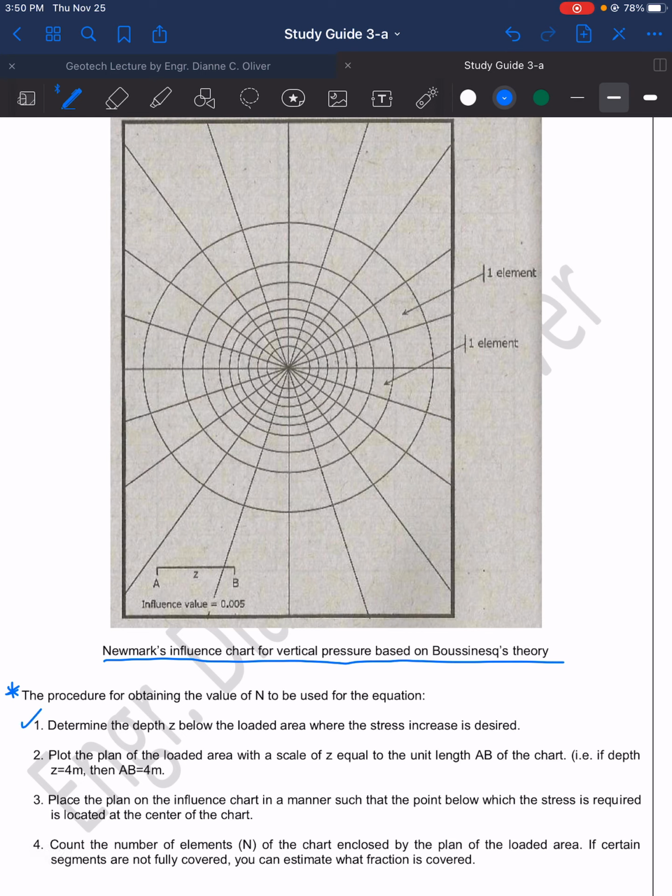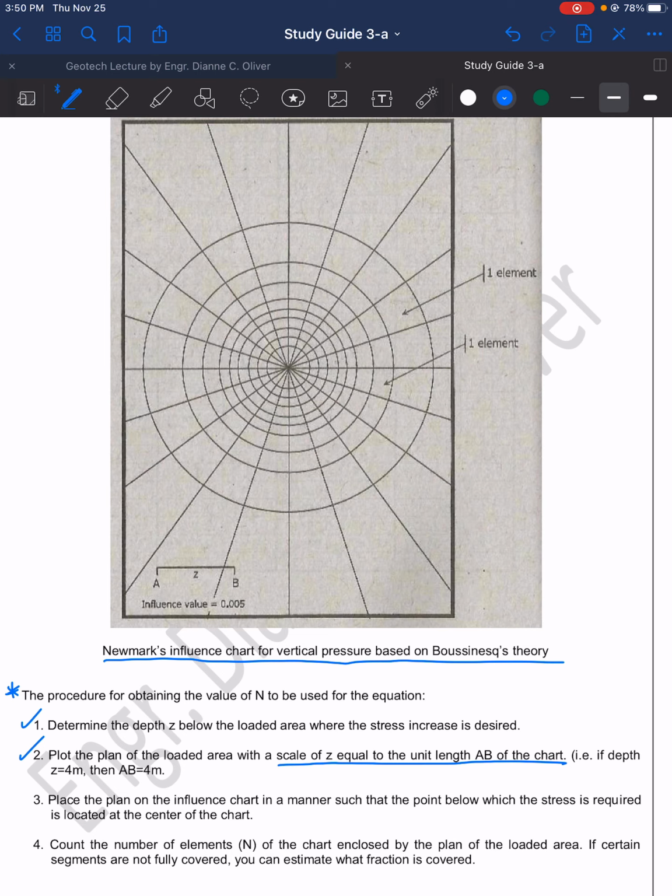First, determine the depth, or Z, below the loaded area where the stress increase is desired. Number 2, plot the plan of the loaded area with a scale of Z equal to the unit length AB of the chart.